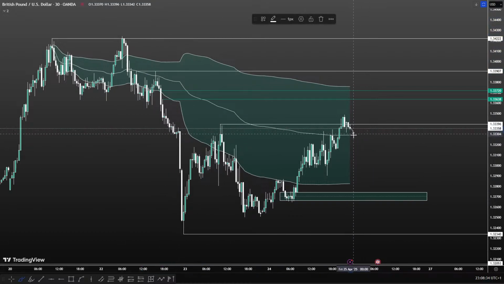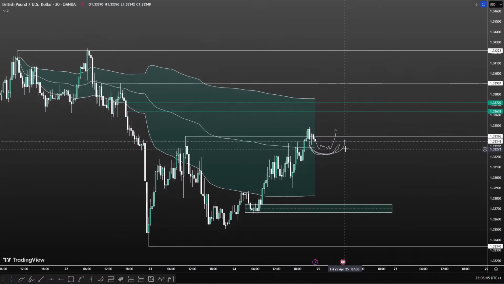So in the event that price is going to hold at the VWAP and instead we have this curvature to the downside, we show wicks into the VWAP, we show demand for buys, then price could potentially start pushing above into one of these levels here. In the event it does that, I would probably not look to take sells from up at these highs, for the main reason there's not going to be a lot of time left in the week for us to actually generate a profit on this move.